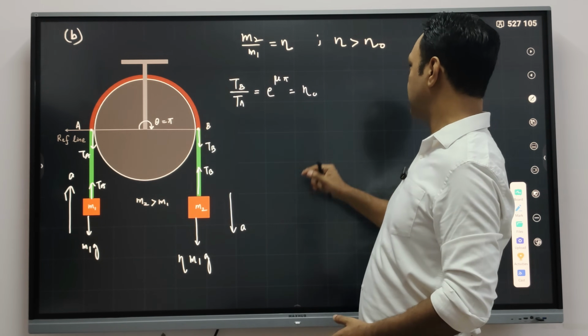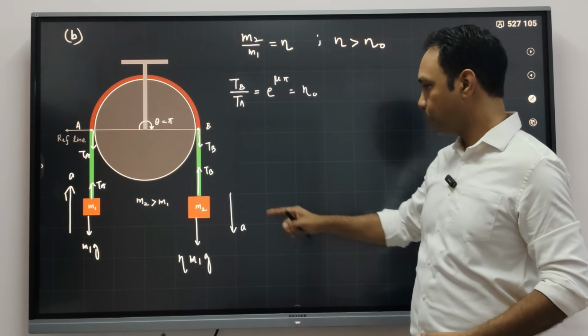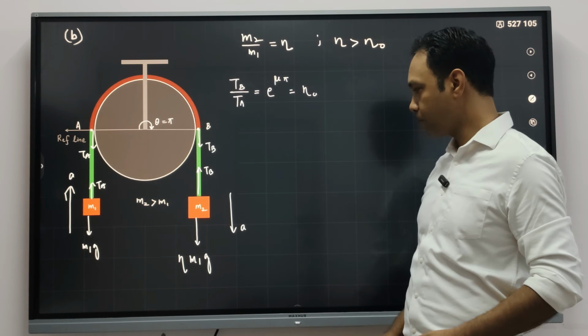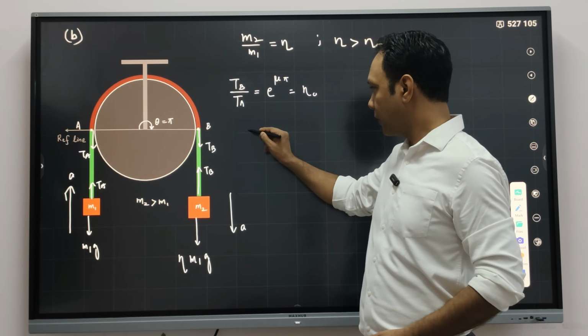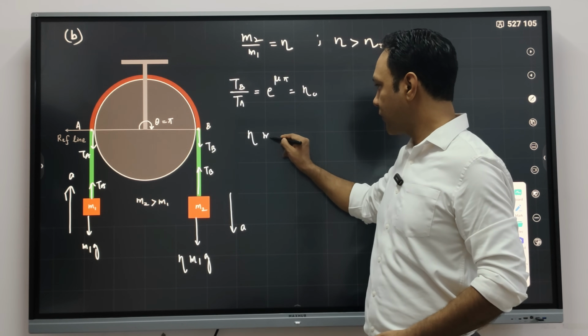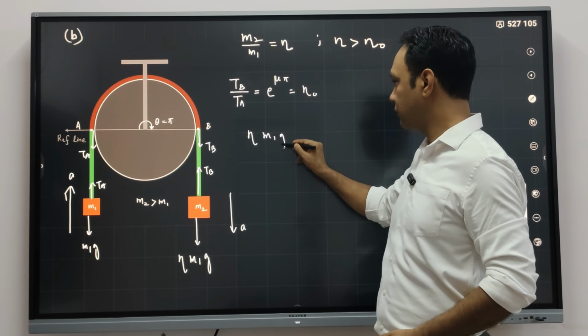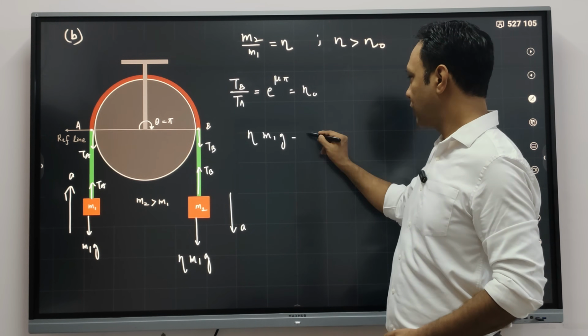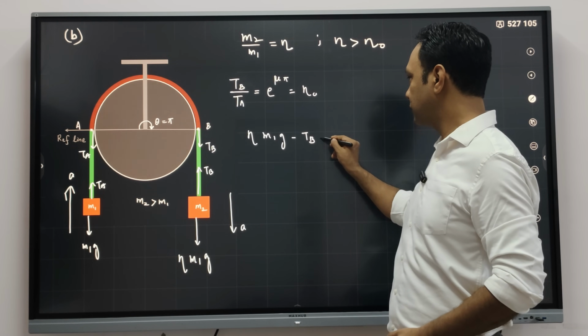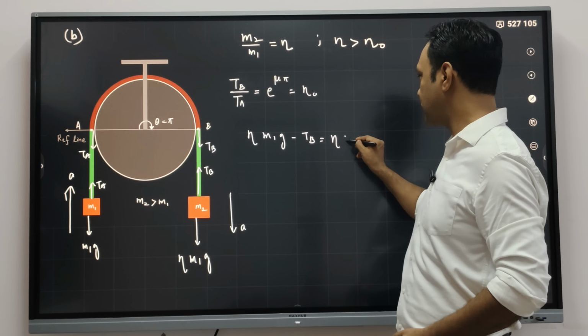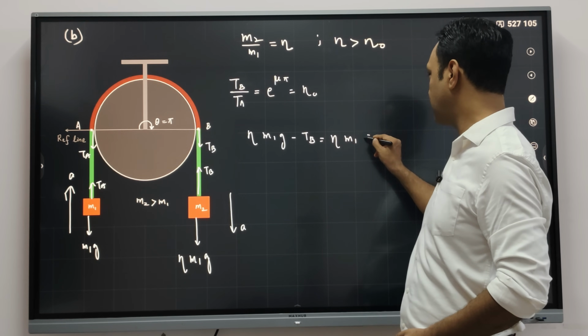So we got these equations. Now I want to write the equation of m2. What would that be? Eta m1g minus TB is equal to eta m1a.